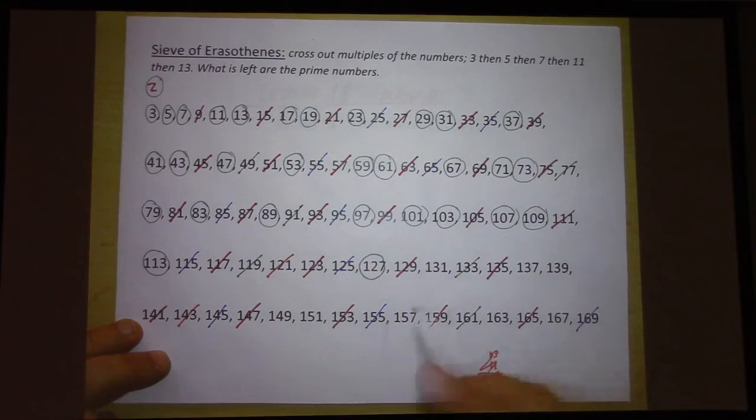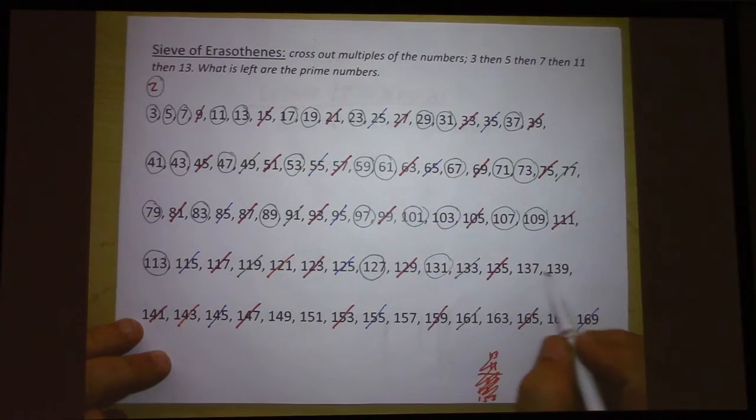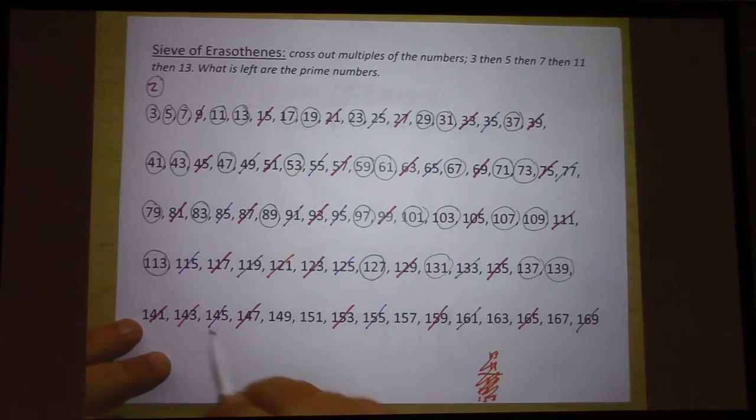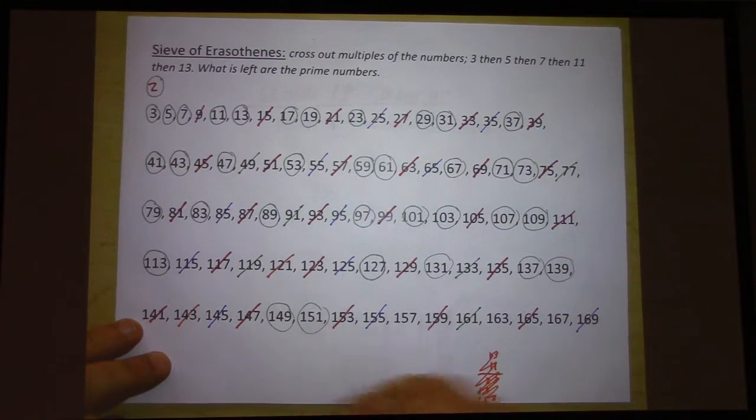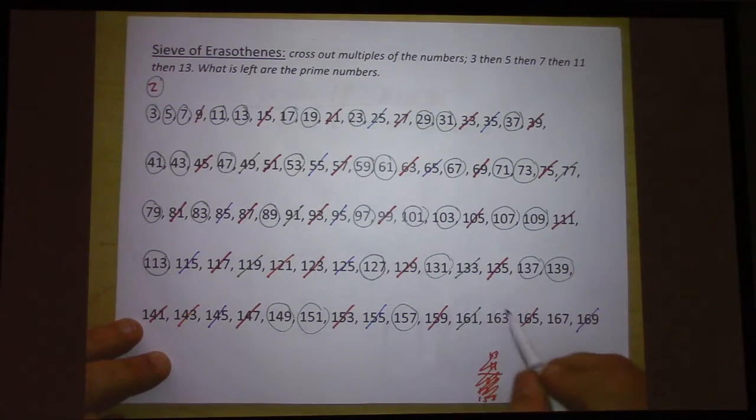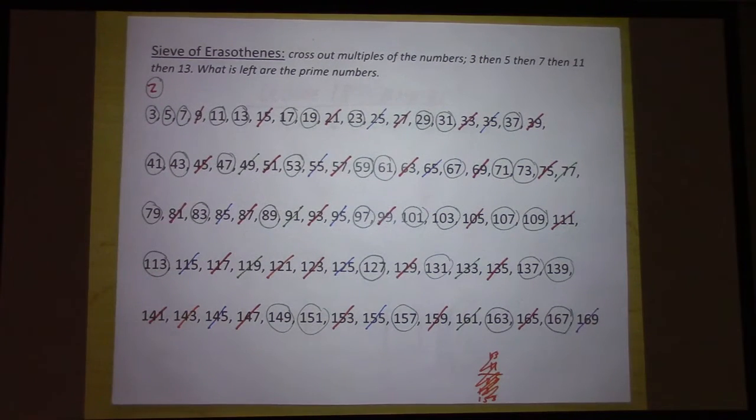No, it is. All right, what is it? 131, 137, 139, 149, 151, 157, 163, 167. If I haven't made a stupid arithmetic mistake, those are all the primes up to 169.